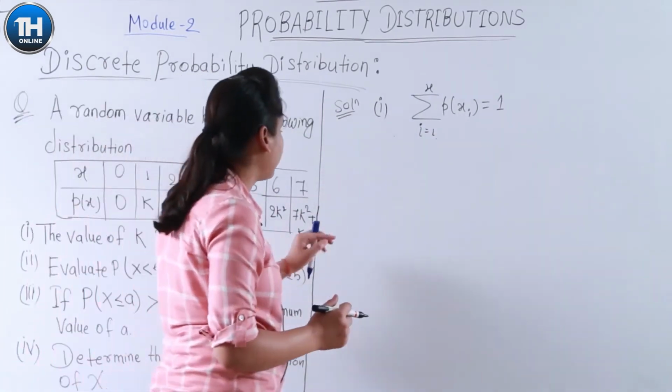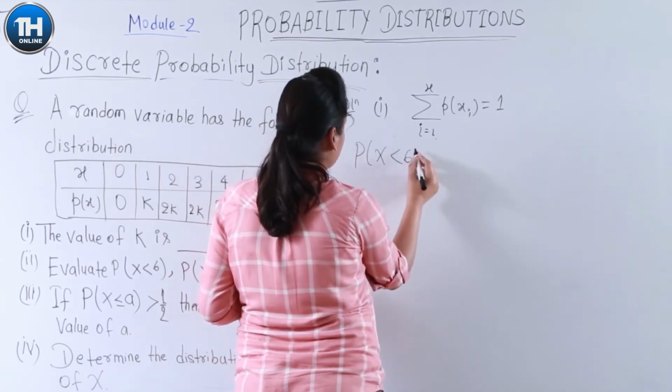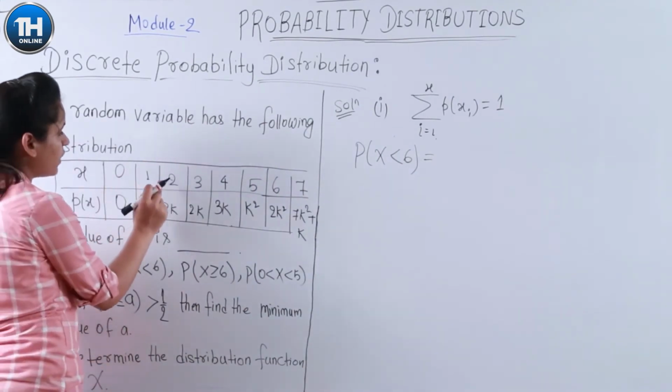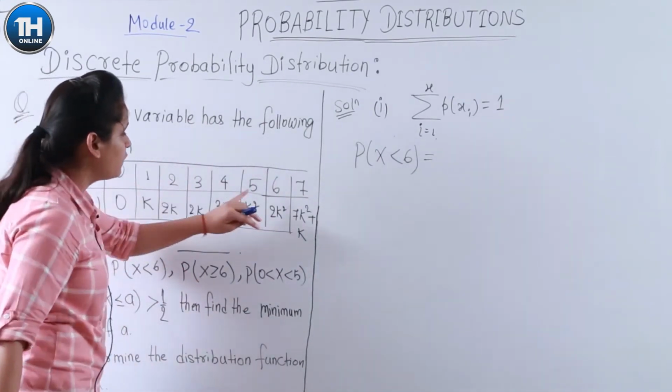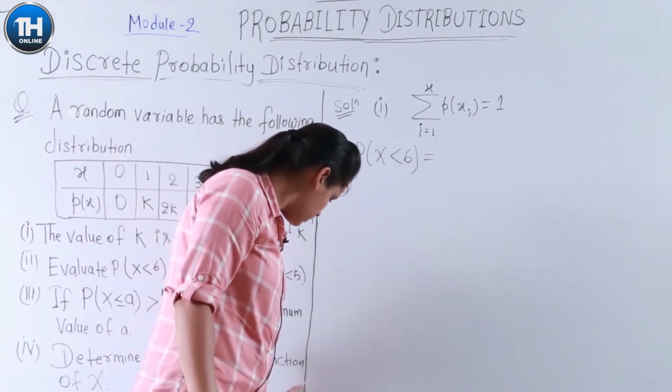What are they asking? P of x less than 6. What are the values less than 6? 0, 1, 2, 3, 4, 5.